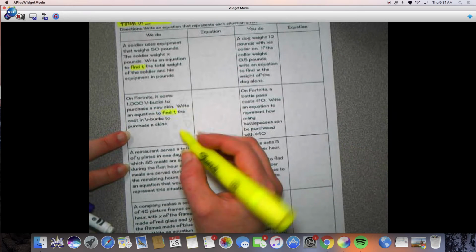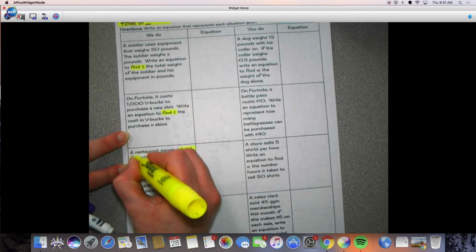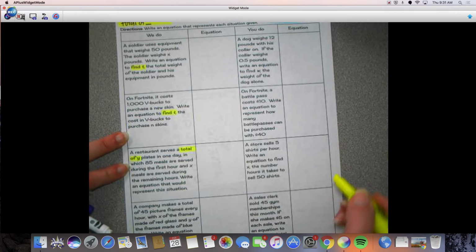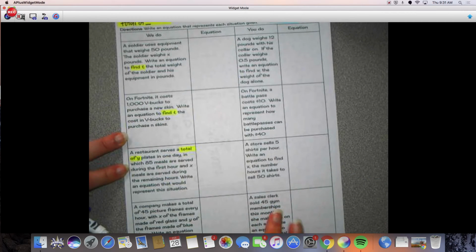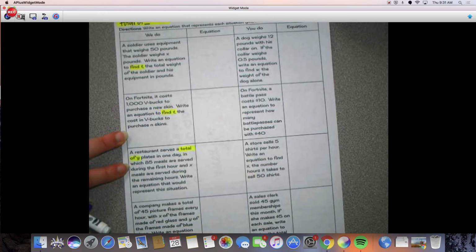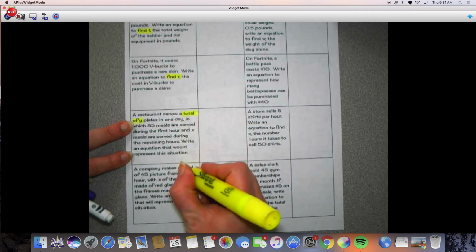And number 3, I see total of Y. So I highlight that in my yellow. Number 4, I see total of 45.